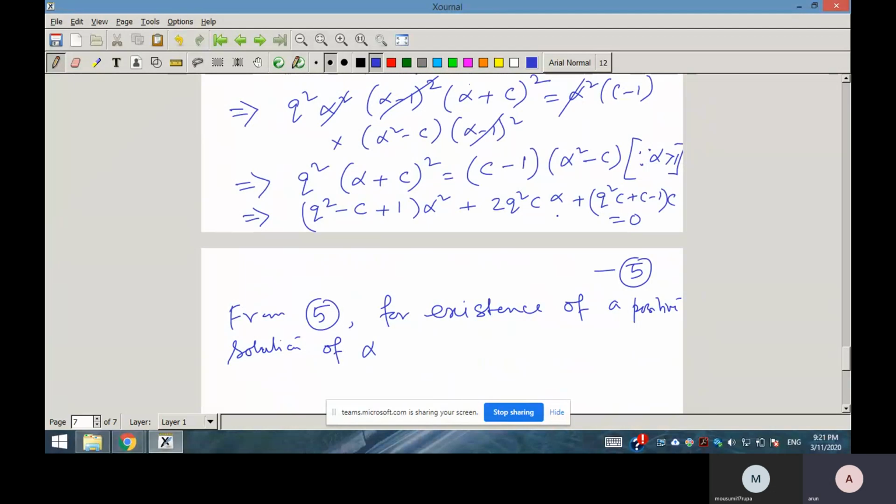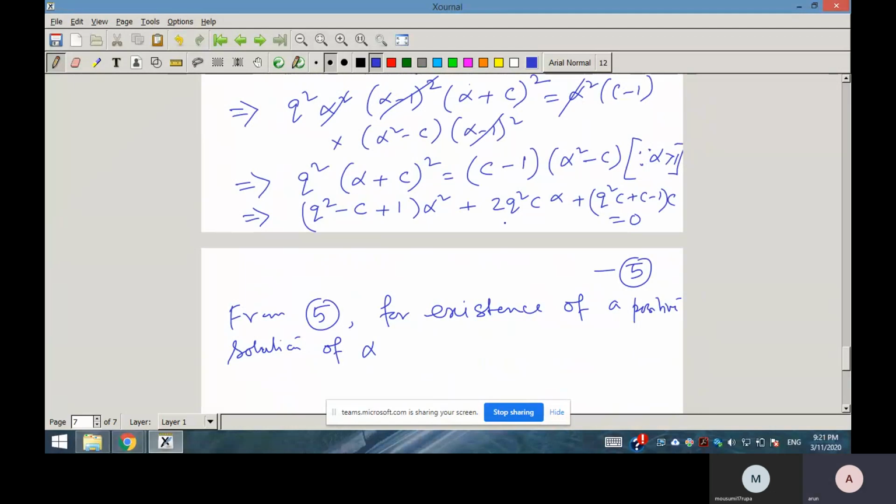So for one positive solution to exist, root under b square minus 4ac should be greater than b.